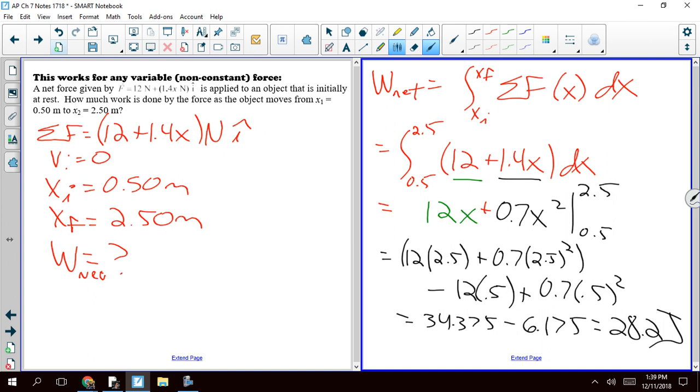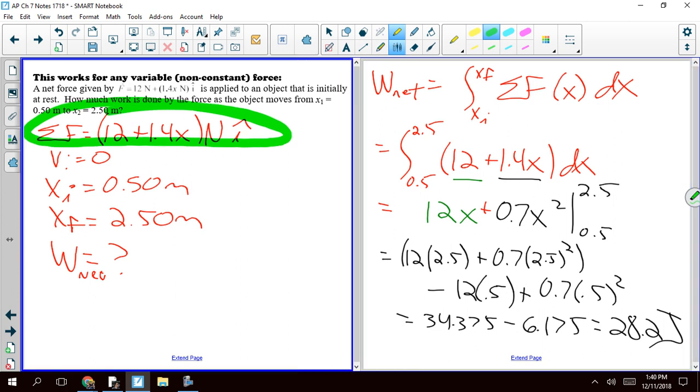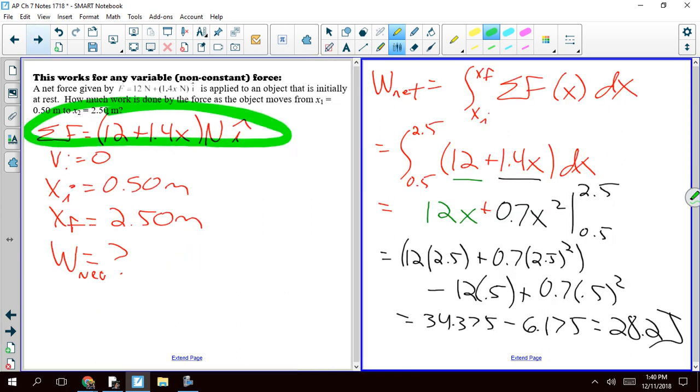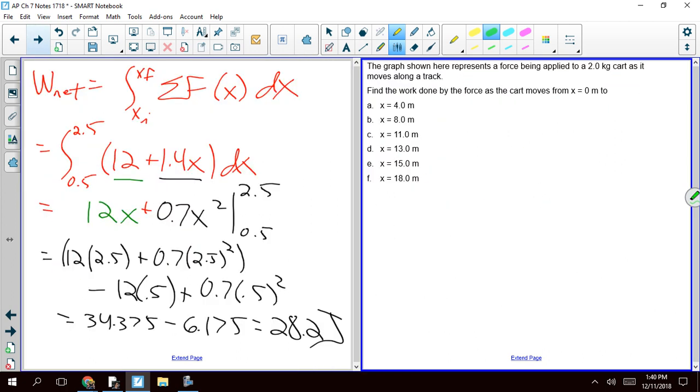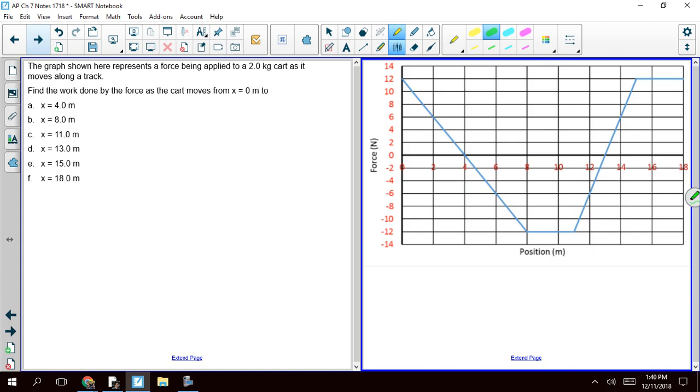Now, frequently what will happen is instead of being given an equation for the force as a function of x, you'll be given a graph of the force as a function of x, and that's exactly what we've got here. Here's our force as a function of our position, and we're going to find the work done by the force as the cart moves from our initial position of 0 to whatever.